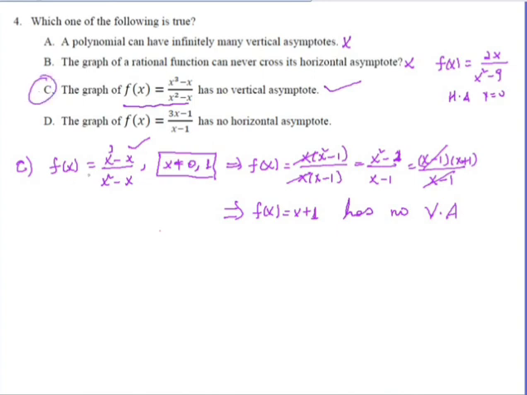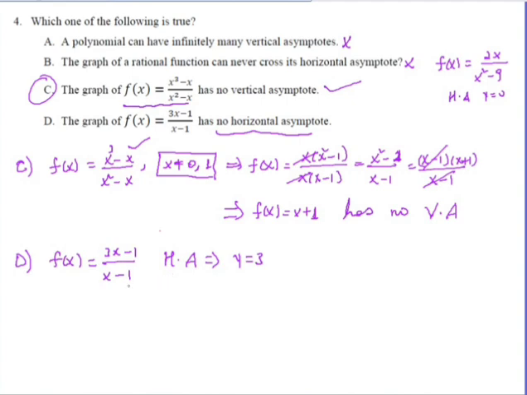Let's check D. In D we have a function f of x which is 3x minus 1 over x minus 1. This has no horizontal asymptote. It has a horizontal asymptote. The horizontal asymptote for this function is y equals 3.